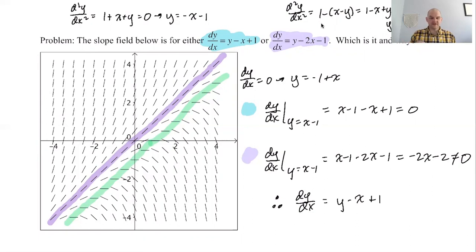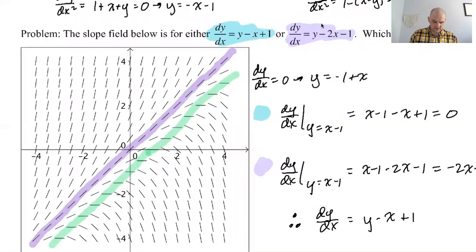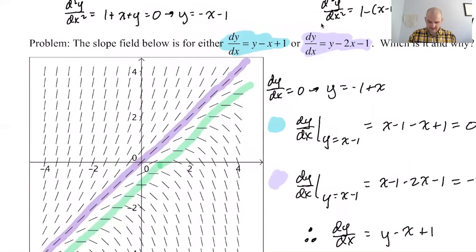That's a great strategy. Another strategy that we could use: at this point, you could just start picking points. I tend to just pick, for example, 0, 0.